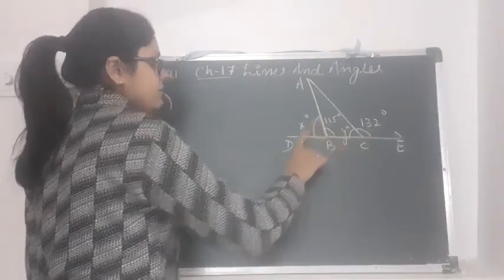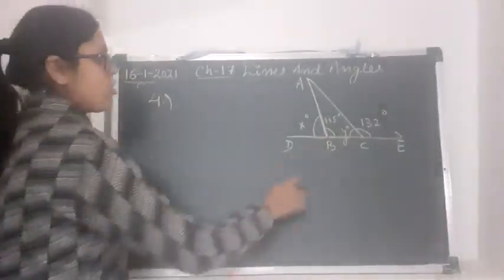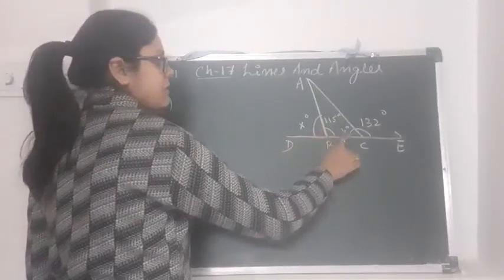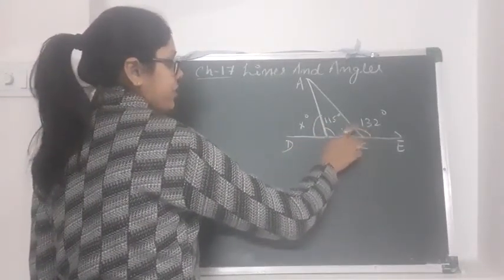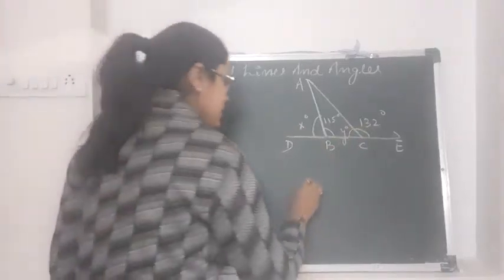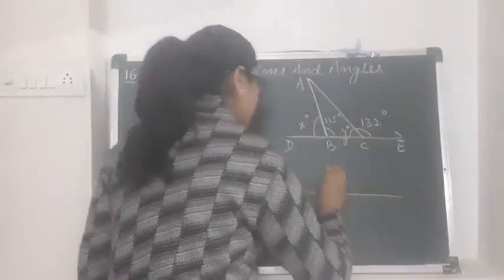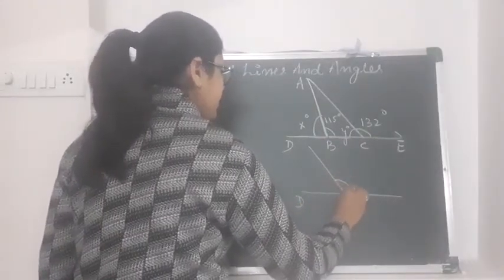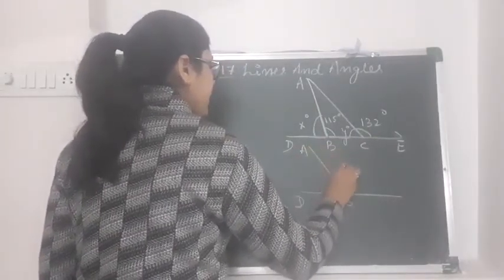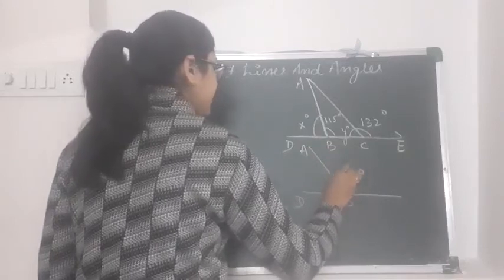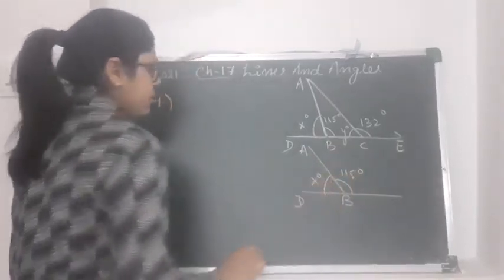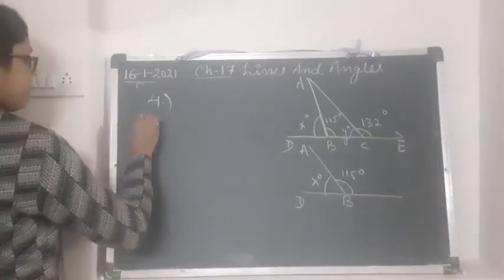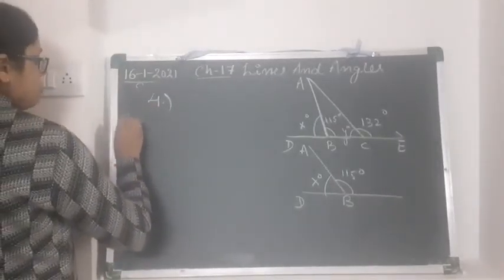Now, this angle is already given 115 degrees and this angle is given x degrees. This y degrees, this 132 degrees. If this figure, we will split it, it will be something like this, D, B. This will be A and here this will be 115 degrees and here it will be x degrees. It will be like this, no? Isn't it?